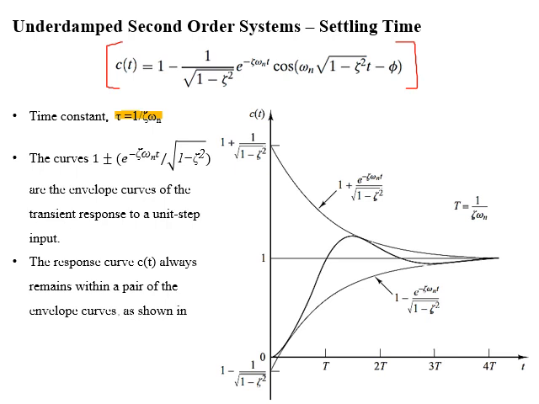Students, now if you look at the figure, it represents the step response of an underdamped second order system whose time axis is divided by the time constant. If you look at the response, it is within the envelope defined by the relation 1 divided by square root of 1 minus zeta square, product with exponential power minus zeta omega n t, and the response always remains within these envelopes.